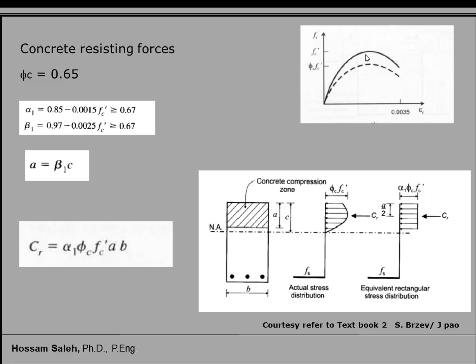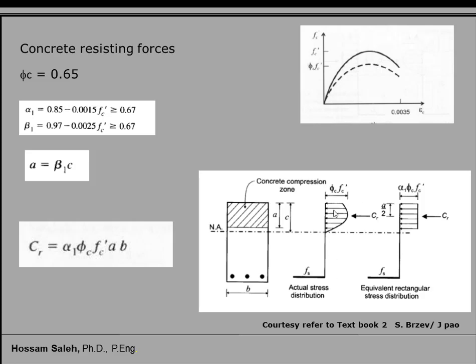To account for this variance, for the workmanship and the delivery of the concrete, we count for material safety. The material safety here is phi C, and for the concrete it is 0.65. So we reduce the F prime C, and we use in our design phi C times F prime C, with phi C equal to 0.65.